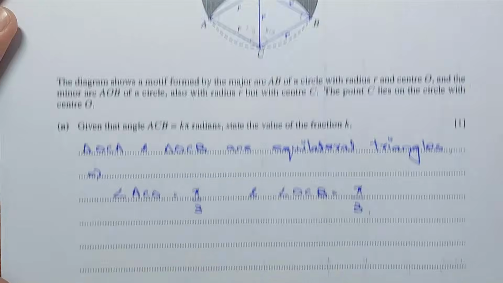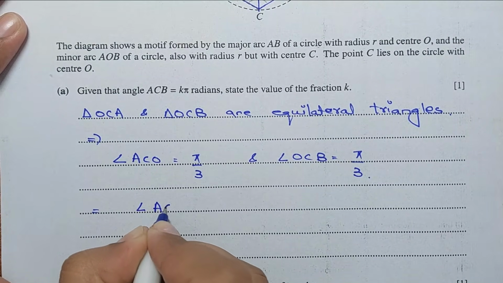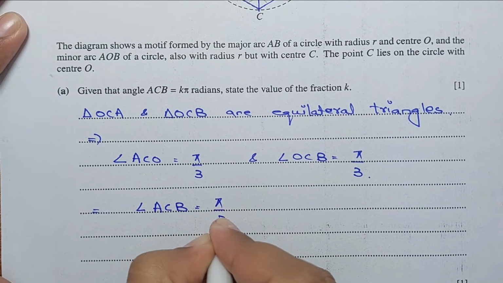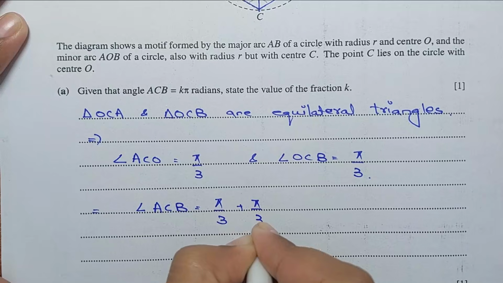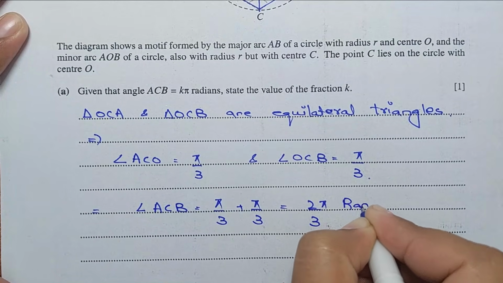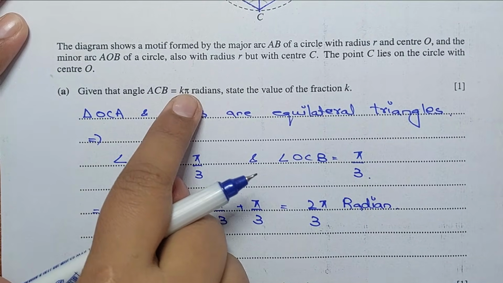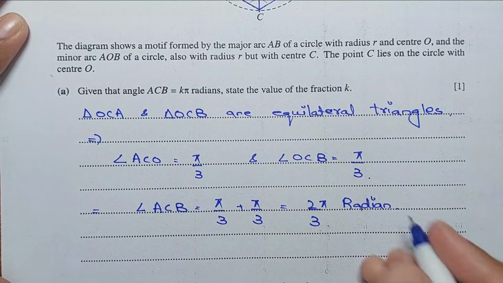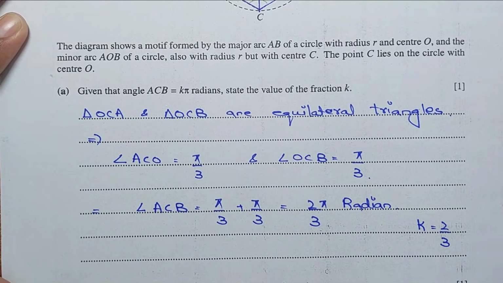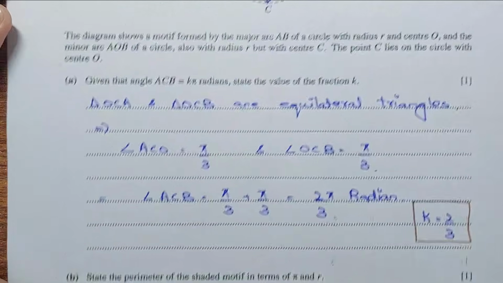When you add them up, angle ACB is pi by 3 plus pi by 3, which equals 2 pi by 3 radians. So what is the value of K? ACB should be K pi radians, so the K value is 2 by 3. I hope this is clear now.